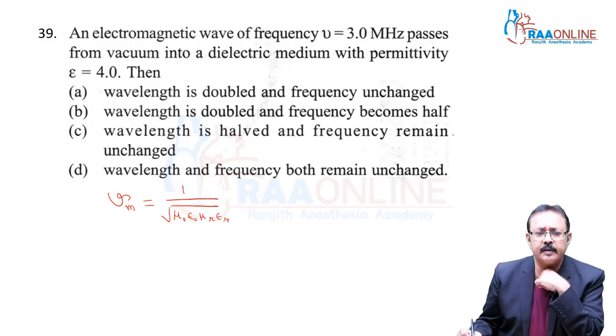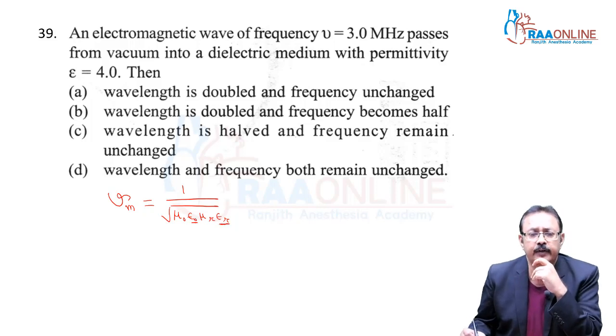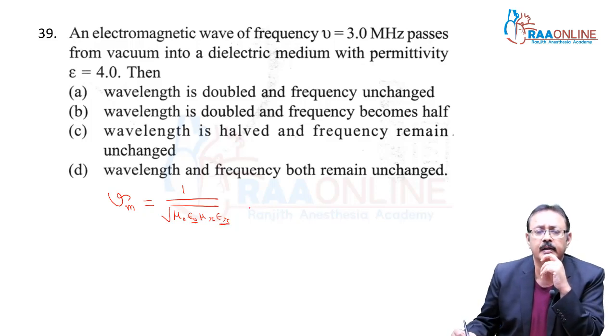They gave us the dielectric medium with permittivity, meaning epsilon naught into epsilon r, it is given 4. We are changing only that factor. From air, it is entering into this medium.